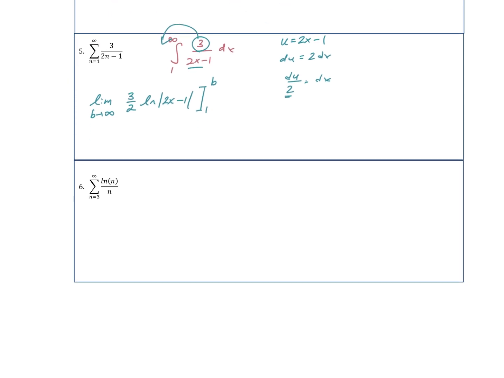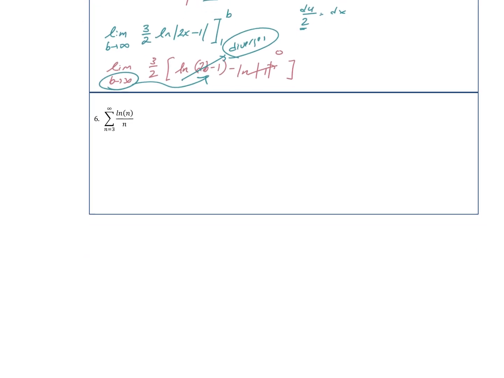So we've got the limit as b goes to infinity, 3 halves ln of 2b minus 1 minus ln of 1, which goes to 0. But this part here, when I plug in, for that, again, I have ln of infinity, which diverges. So the whole thing diverges.